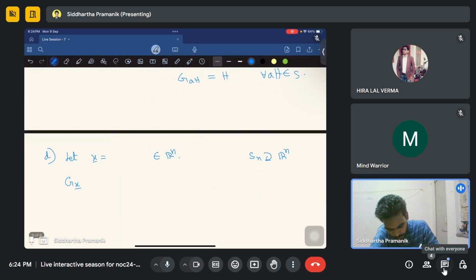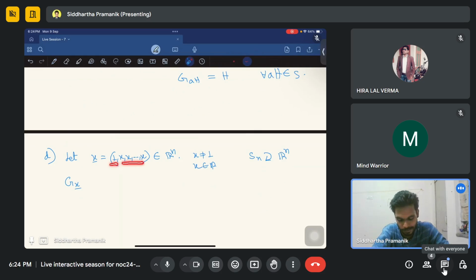So let's say it looks like 1, x, x up to x, where x is not equal to 1 and x belongs to R. So that means in the first coordinate we have 1 and all other coordinates we have x. So what will be the stabilizer of this element? So can you try this?